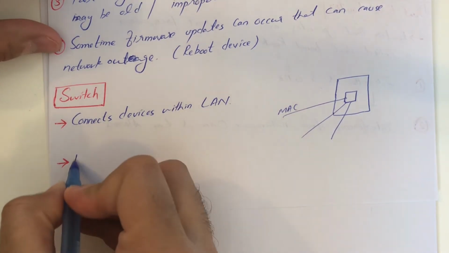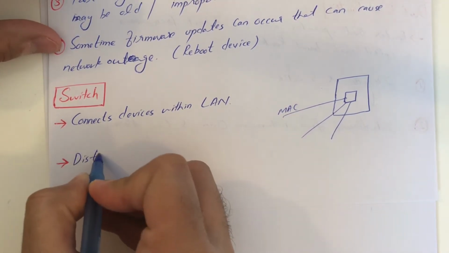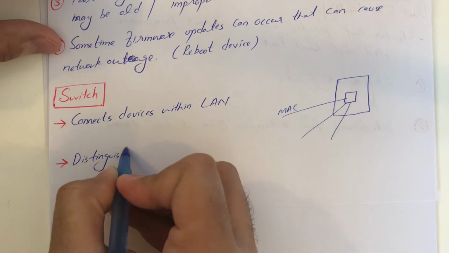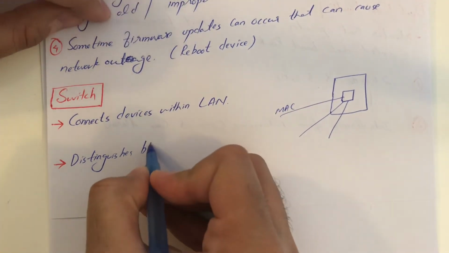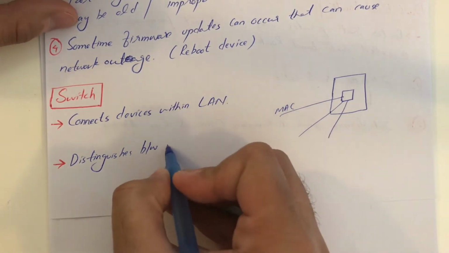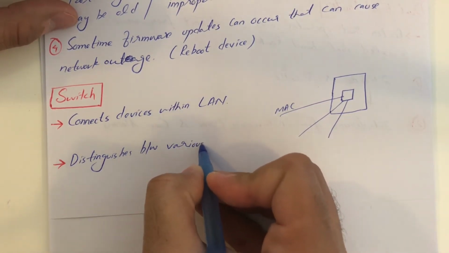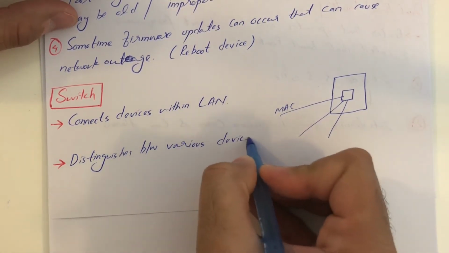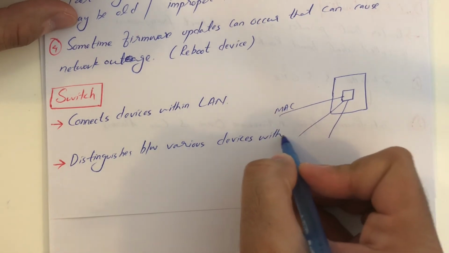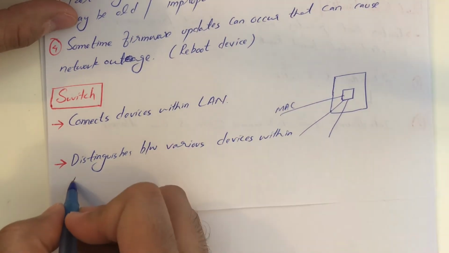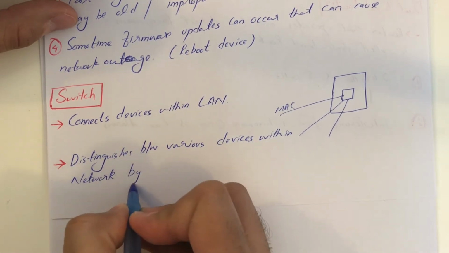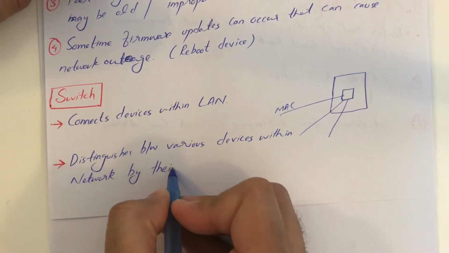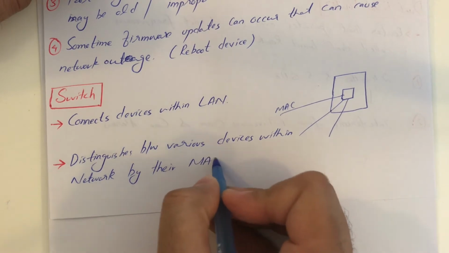So switch distinguishes between various devices within the network by their MAC addresses.